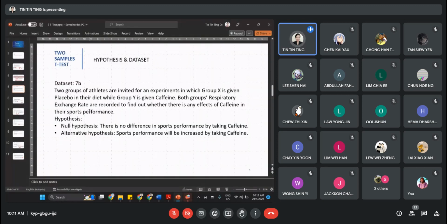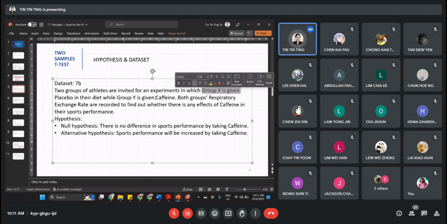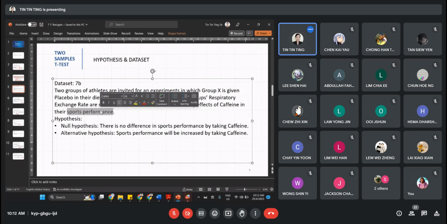Next is the 2 sample t-test, which means you have 2 groups of students, 2 groups of athletes. For example, group X, group Y. Group X is given a placebo, a drink that tastes like coffee, and group Y is given the real caffeine drink. Then you record the effects of caffeine on their sports performance.